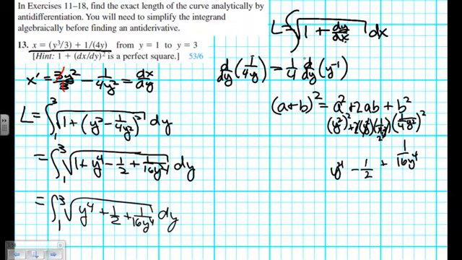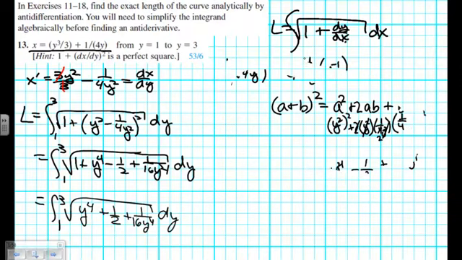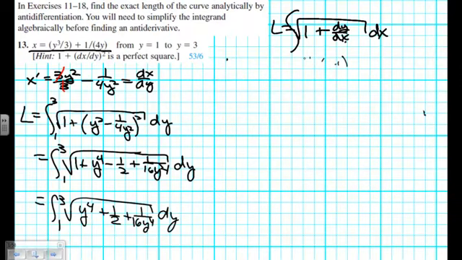Combining this positive 1 with that negative 1/2. And by a miracle, I told you these are very contrived. By a miracle, this is going to be y squared plus 1/4 over y squared, squared. How do you know that?